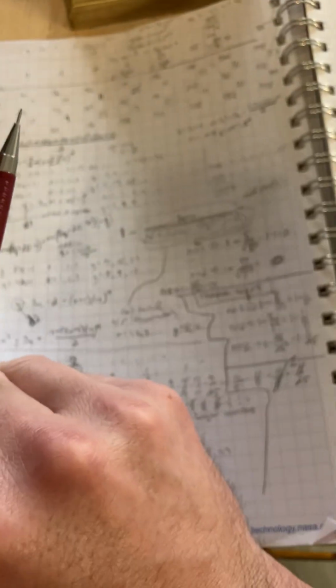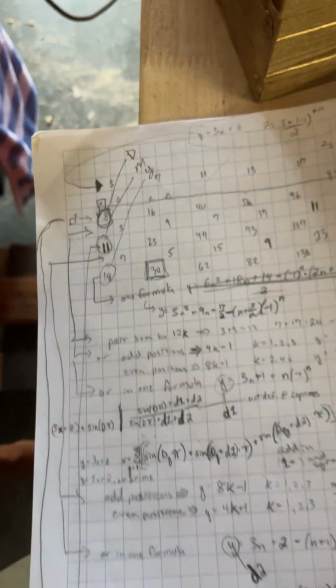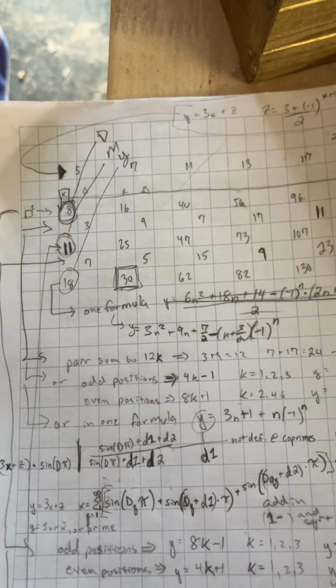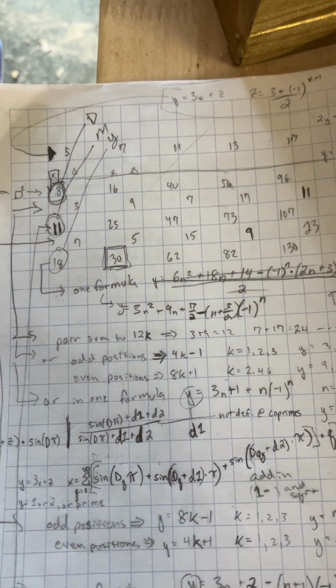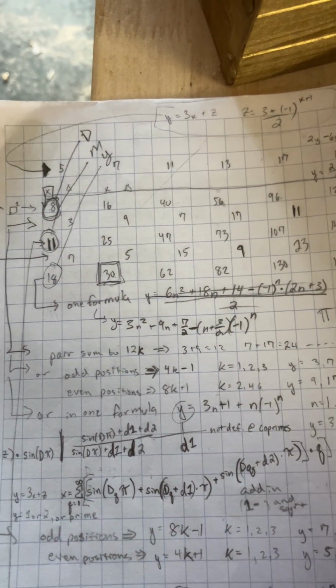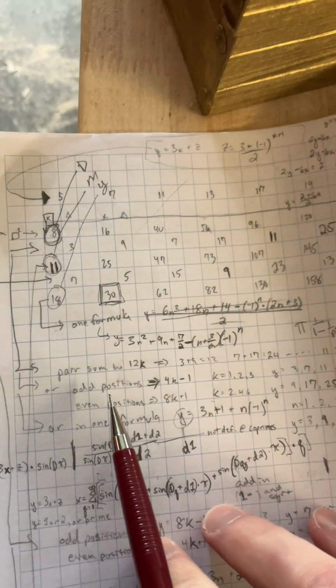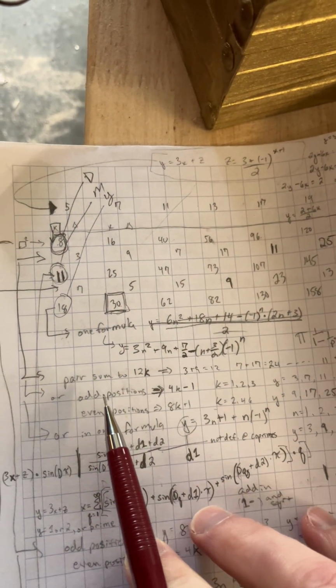Now, the important part here is that with this Dirichlet series, there's a pattern in the semi-primes and composites that it produces. You can actually tie an equation to the different semi-primes.